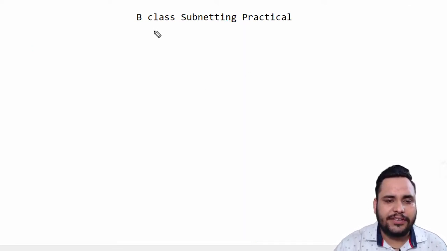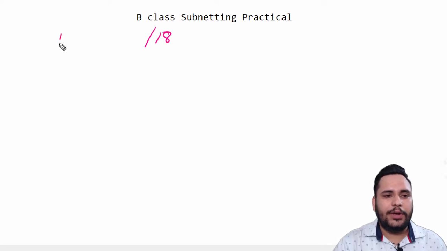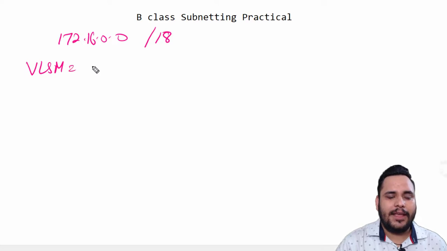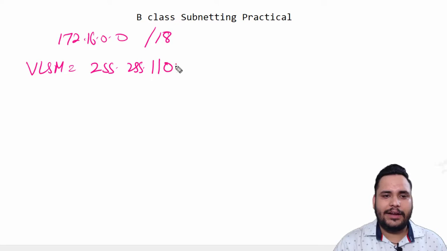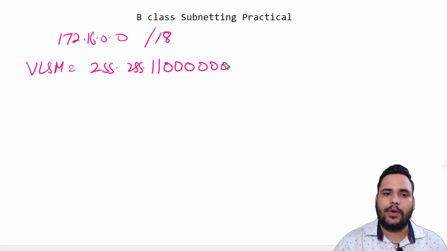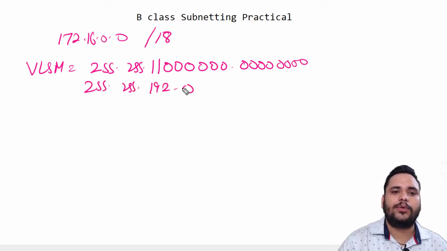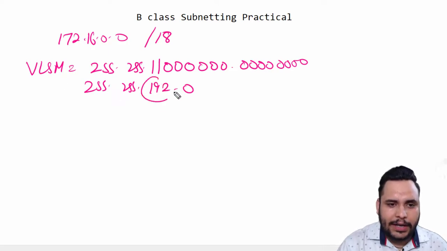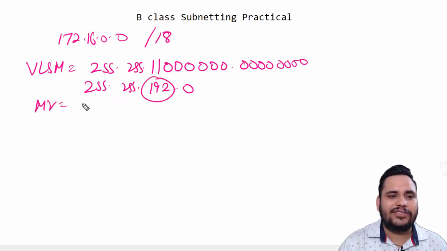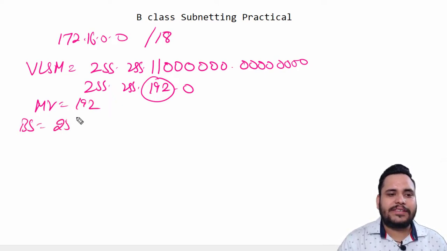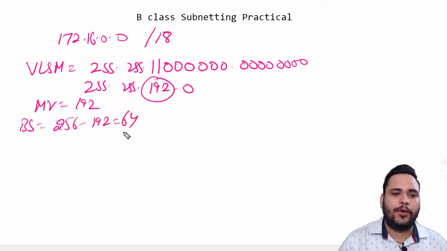I am going to change now 2 bits. In 2 bits, my VLSM is 8, 16, 17, 18, up to 24 and 32. So 255.255.192.0 is there, and 192 will be your magic value. Block size is 256 minus magic value, which is 64.